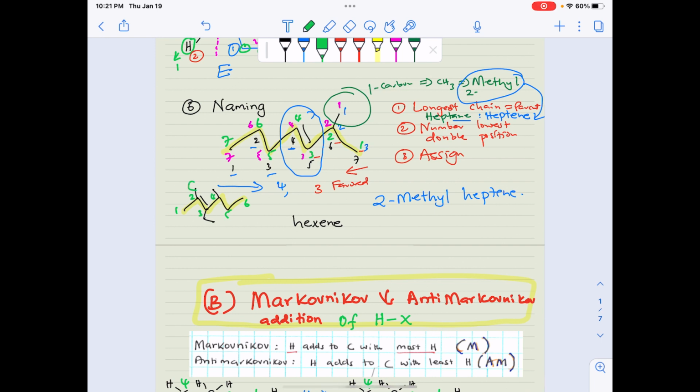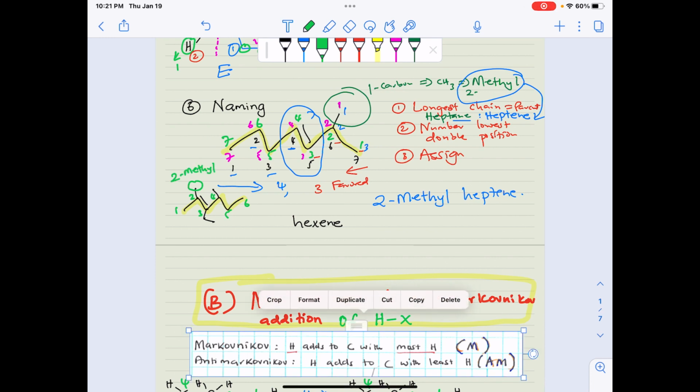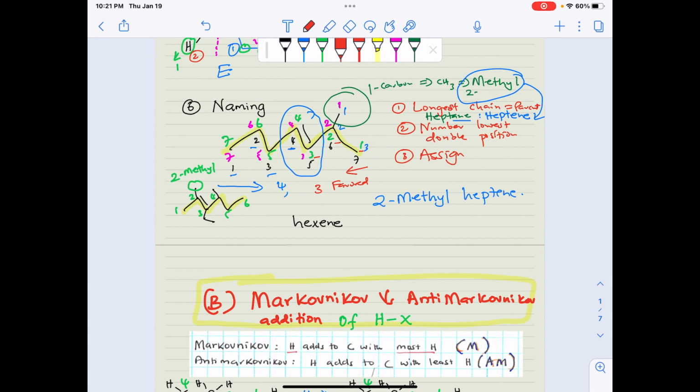We have 1 here, so that's 2-methyl. Then we have another group here, that's 4-methyl. And then we have a 2-carbon group there on position number 3, so that's 3-ethyl group.